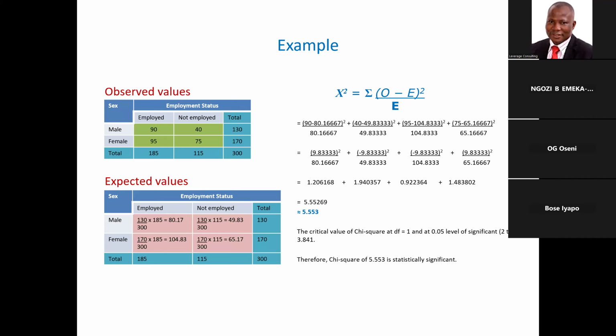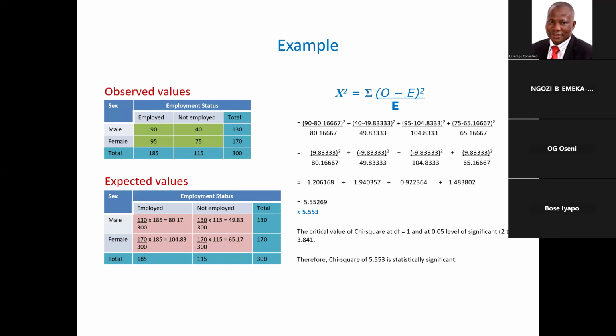The probability is too high. But if it is extremely small, like 0.05 or less, we now say the probability that this difference is due to chance is so negligible. Let's just assume that it's not due to chance. There's a real difference: the employment status among male is statistically higher.